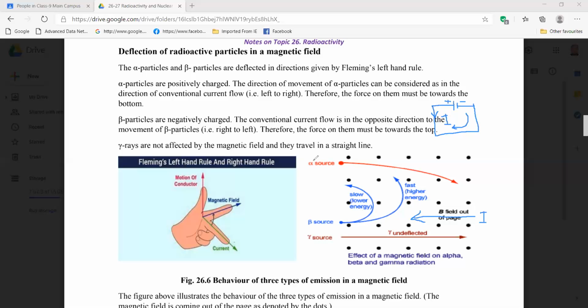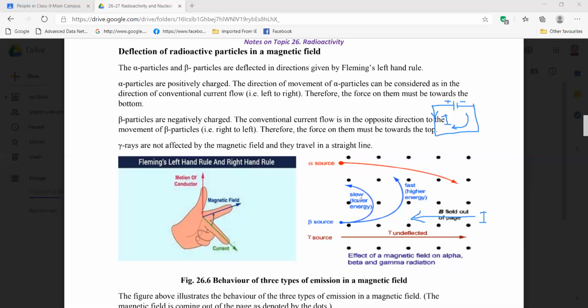Is it clear about alpha and beta? The beta is basically the opposite of alpha. Yes, opposite of alpha, and also we should maintain the curve. The curve is more for beta. That also carries marks.